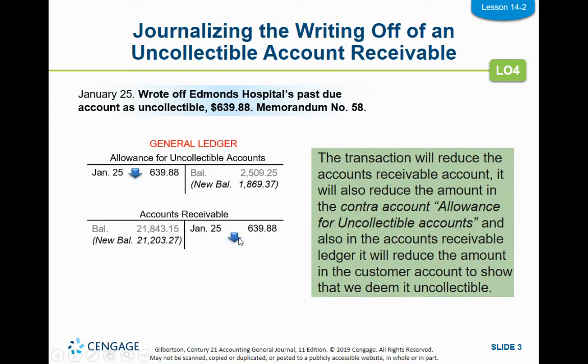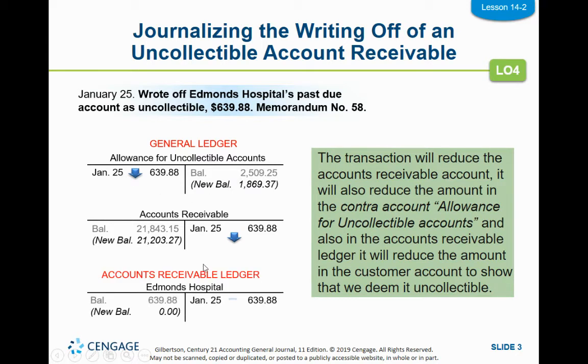So this transaction will reduce accounts receivable in the general ledger. It will also reduce the allowance for uncollectible accounts. It will also reduce the balance of Edmonds Hospital in the accounts receivable ledger to show that they don't owe us anything because we're writing their account off. So those three things will be affected with the transaction that we are going to do.